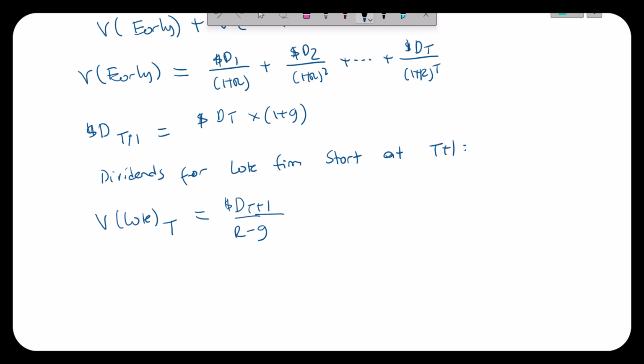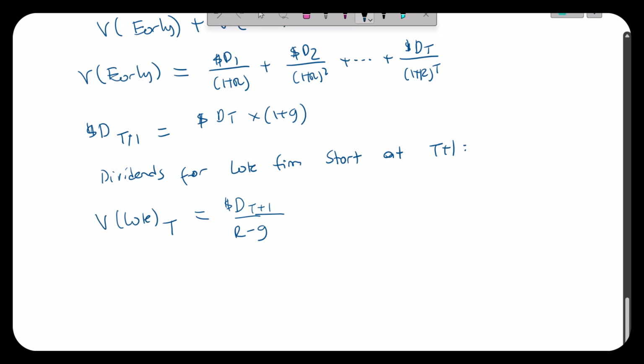As the owner of the late firm, I waited patiently for 5 years, I got nothing. Now I have claims to all the dividends. But at that point, it's a firm that pays a dividend that grows at a constant rate. And we know how to value that.